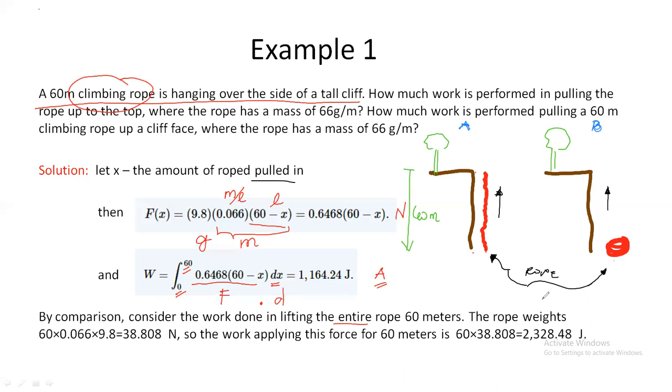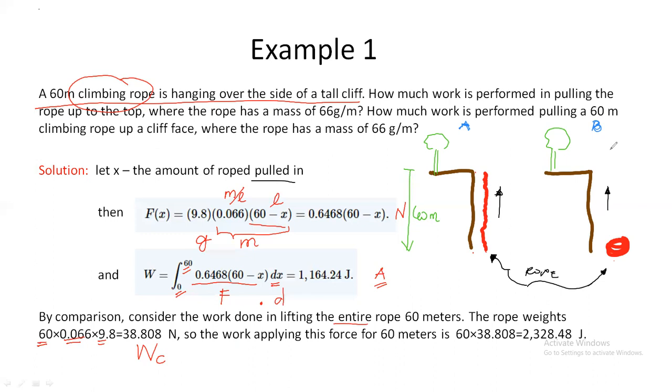So the rope weighs 60, its length, times the mass per unit length, which is 0.066 kilograms per meter, times the g. So this is the weight that is constant. I like to write C. This is the force. This is the weight that is constant because your rope is rolled.